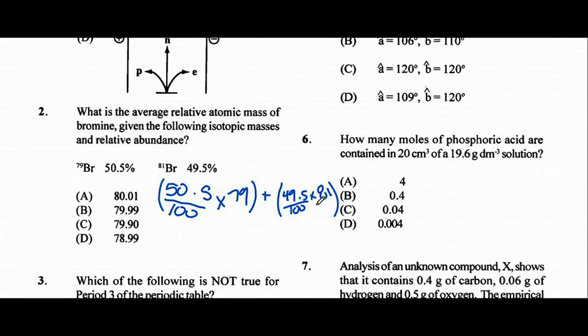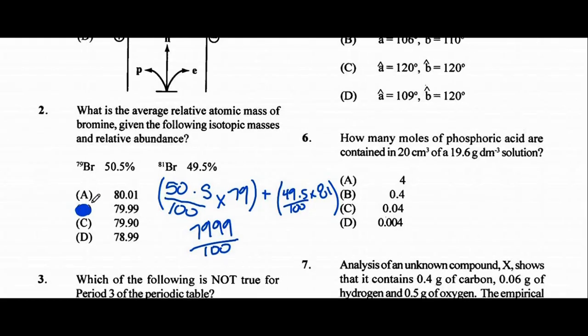So 50.5 over 100 multiplied by 79 plus 49.5 over 100 times 81, that gives you 7,999 over 100. That's literally 79.99 in decimal.